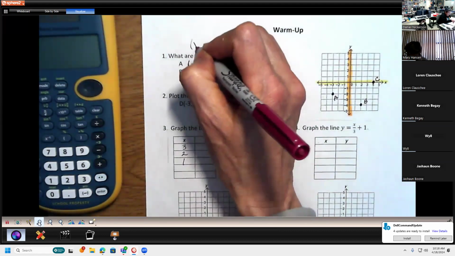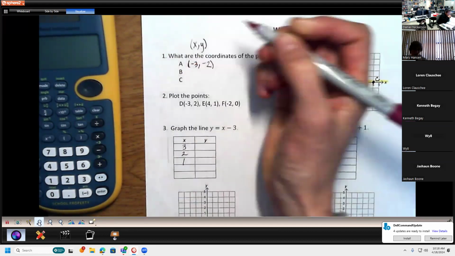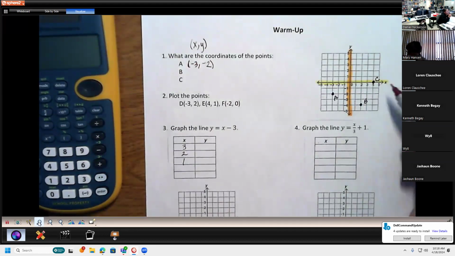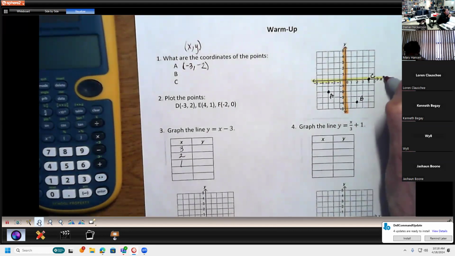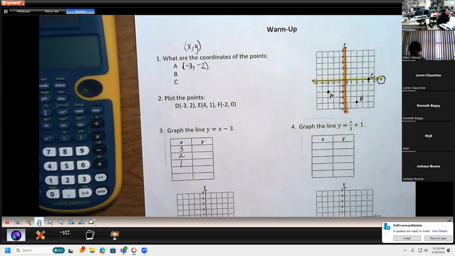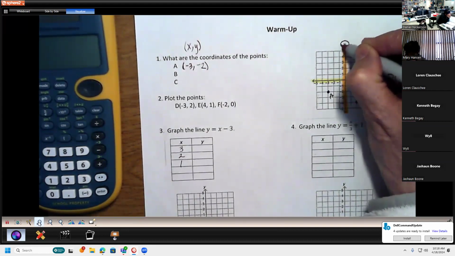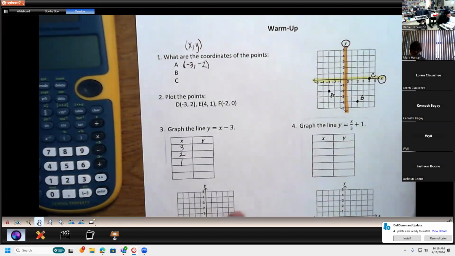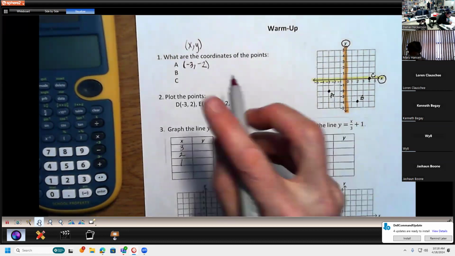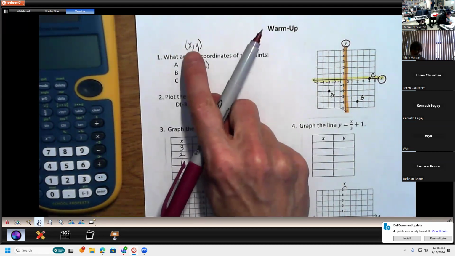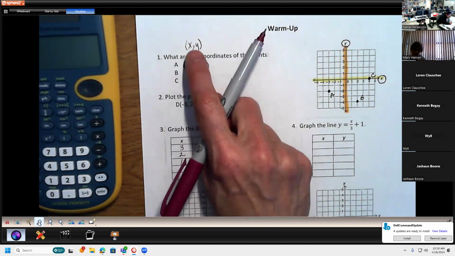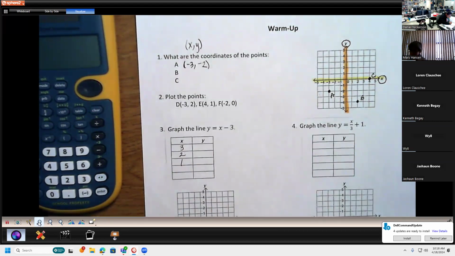We always put the x coordinate first and the y coordinate second. You can see an x over here on our axis. That's the x-axis. And then the y is the vertical axis. So x determines left or right movement. Y determines up or down movement. And they always go in as XY. Alphabetical is one way to remember it. X comes before Y in the alphabet.